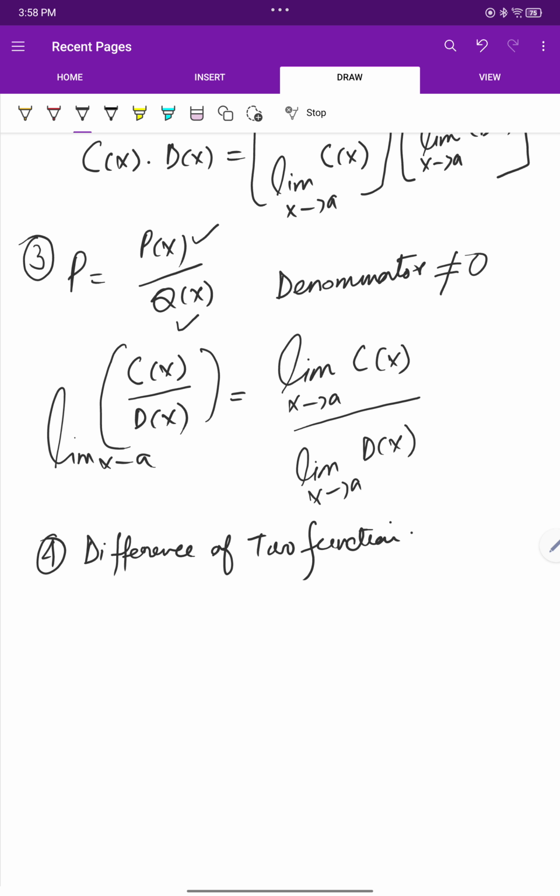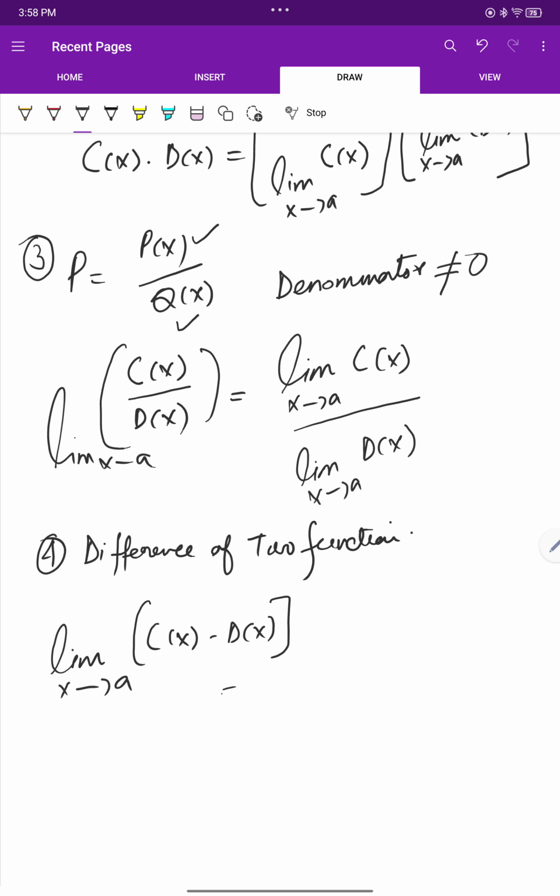The limit will be applied individually to each function, like the addition. So here is an example: limit x tends to a of the bracket c(x) minus d(x). These are two functions. So how are you going to do it?